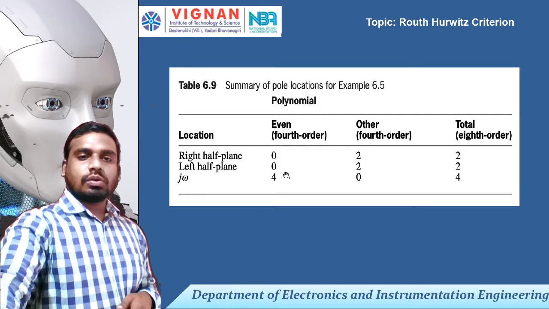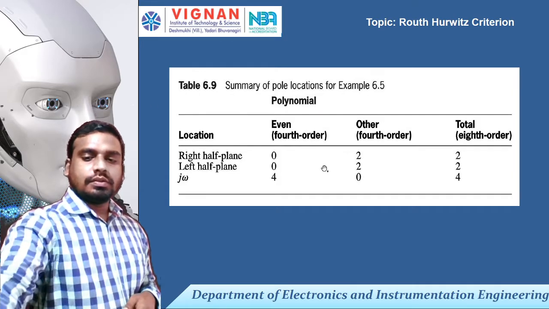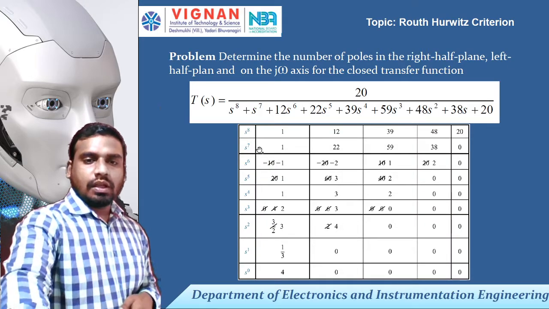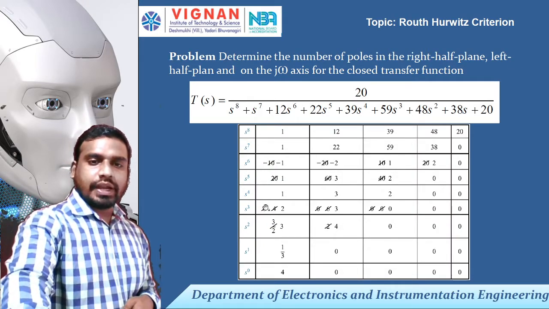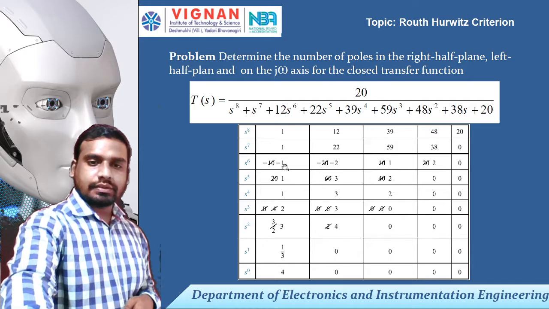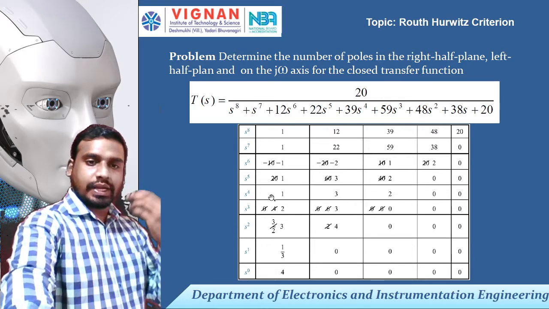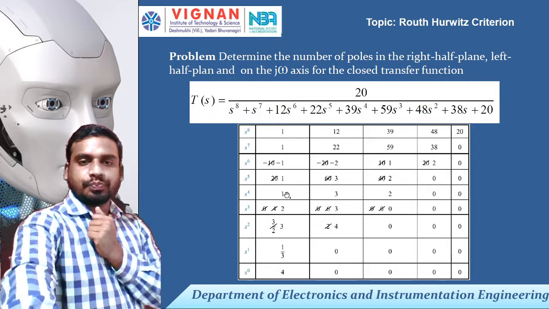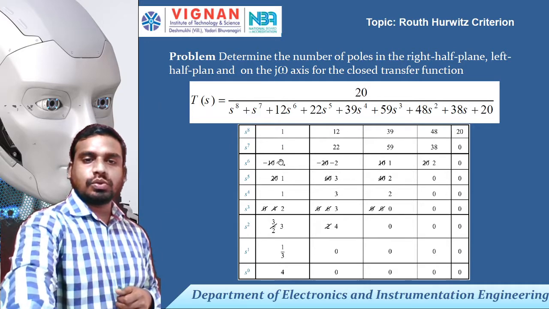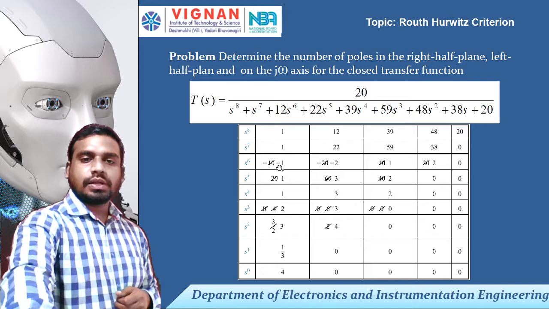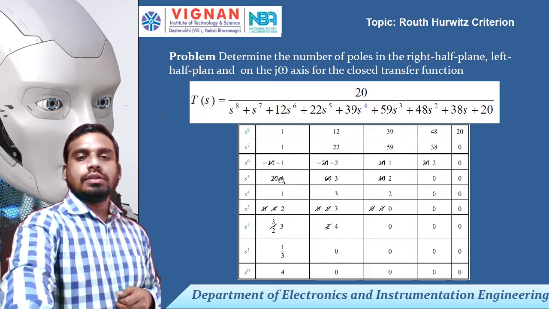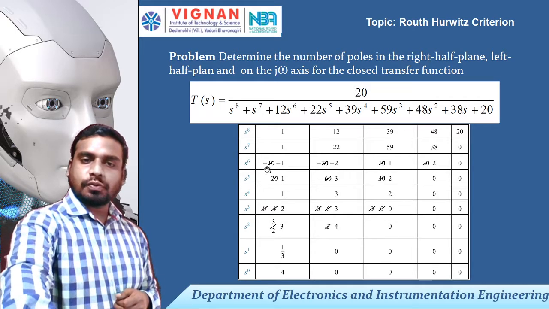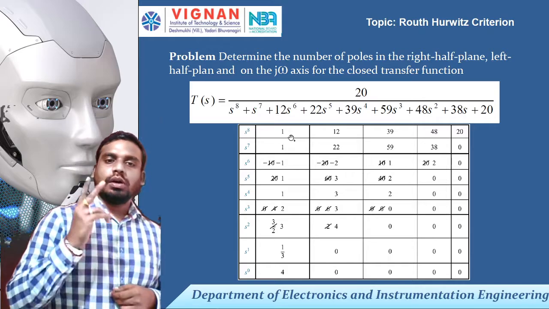Right? So over here, before the 0 row, how many sign changes are there? Two sign changes. 1 to minus 1, minus 1 to 1. So before s power 4, you get two sign changes.